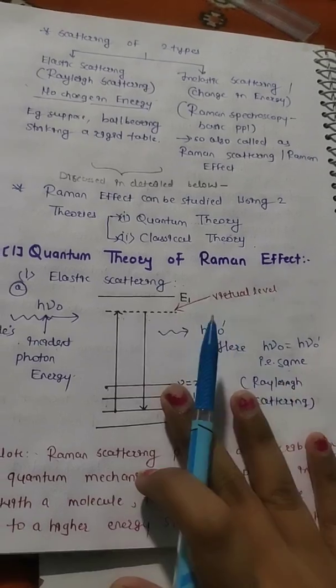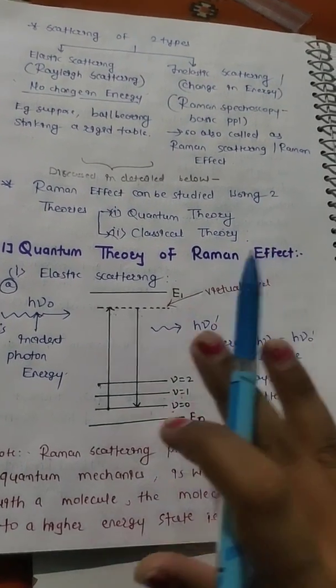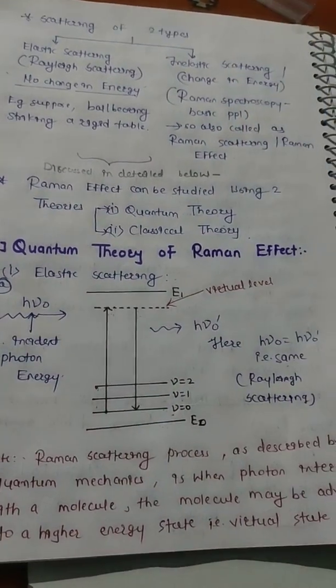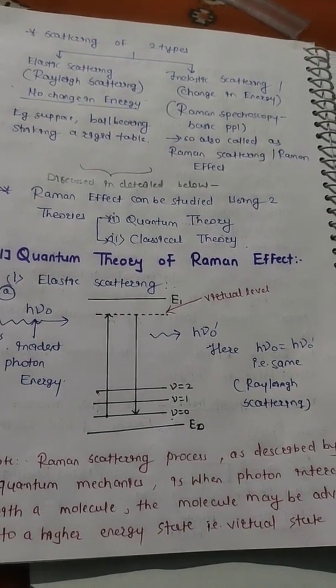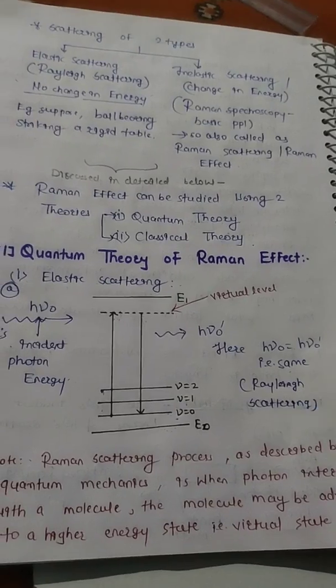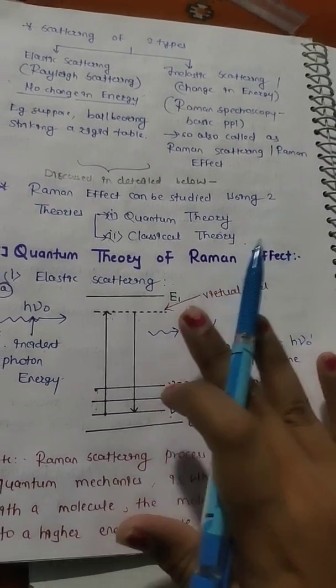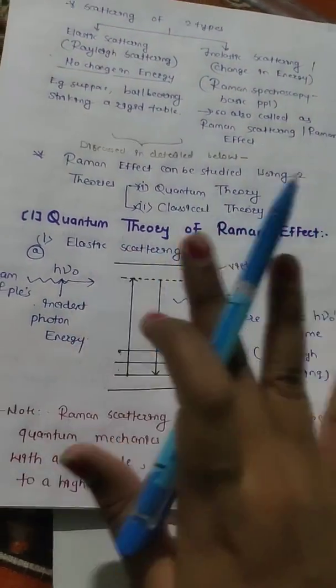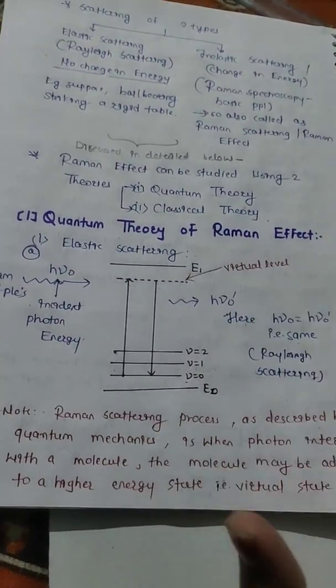But in Raman spectroscopy, we do not study the transition. As I said earlier, Raman spectroscopy results from light scattering, so here we measure the scattering. This is the basic difference between all other techniques and the Raman effect.